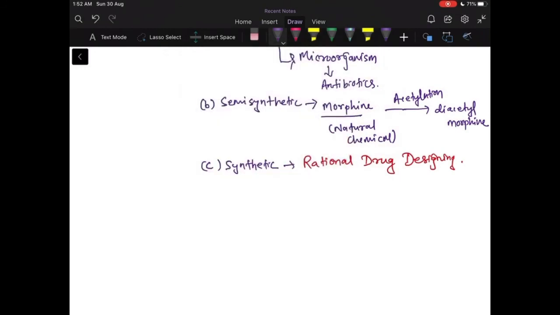We know that drugs are the chemicals that bind to the target and give us the therapeutic effect. In rational drug designing, we design a drug based upon the structure of the target.